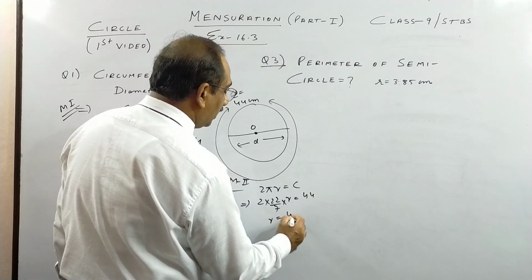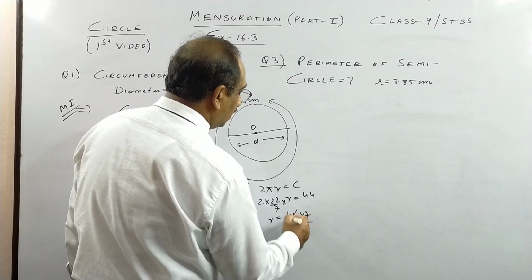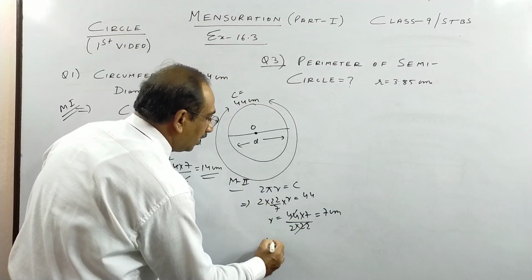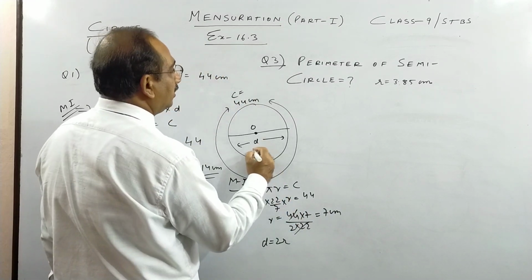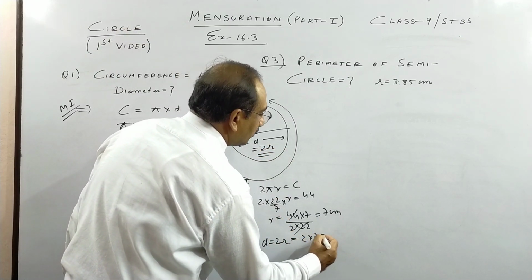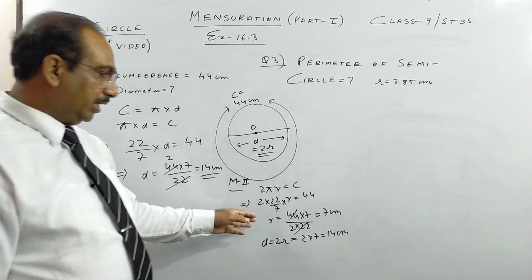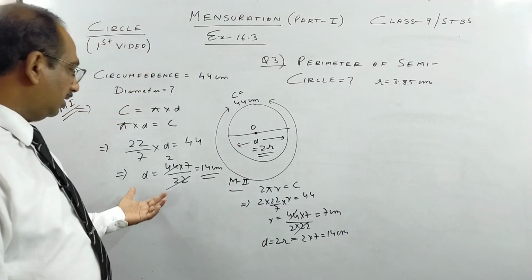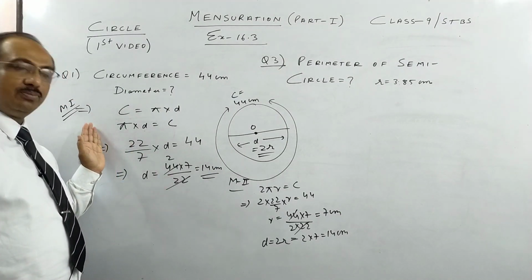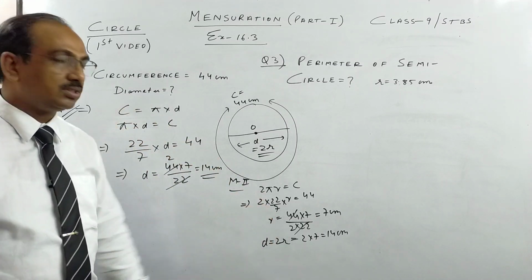You will get r as 7 centimeter. Then you have to double it, because diameter is twice the radius. So 2 into 7 is 14. Here we get the radius first and double it, but in method 1 we directly get the diameter. So if you ask me which is better, method 1 is better. Remember, circumference is pi d or 2 pi r, depending on the situation.